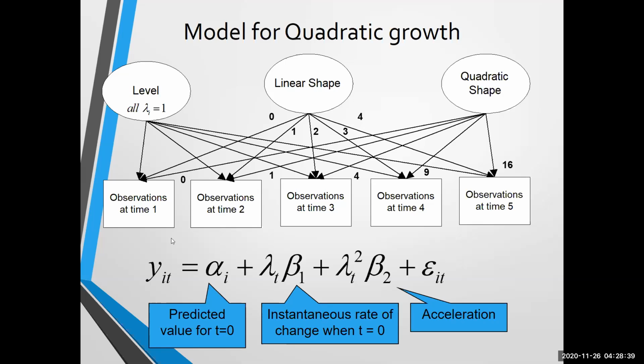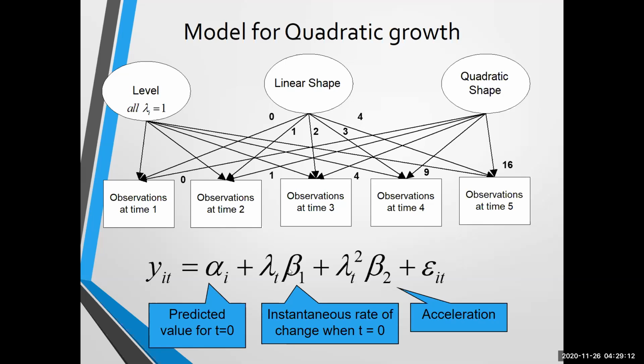Now, at the bottom here, we have the model. In the quadratic model, the observation y for individual i at time t is a function of the level or intercept, which is a predicted value for time equals 0. Then we have the factor loading of the slope. By the way, the factor loading of the intercept is here, but it's not shown because it's always 1.